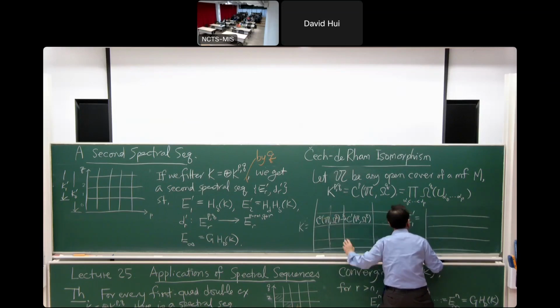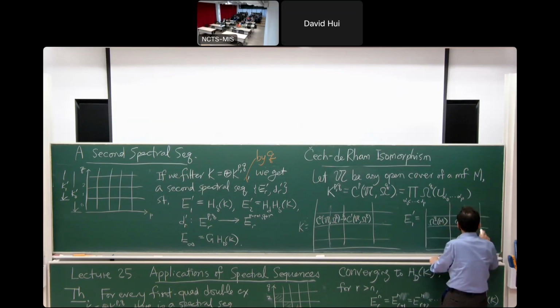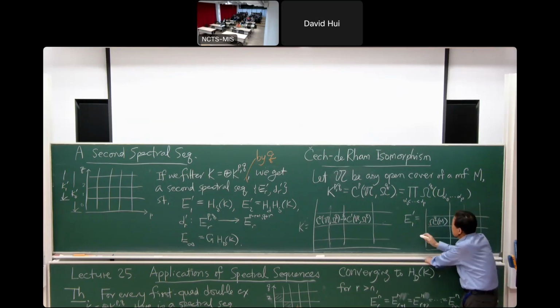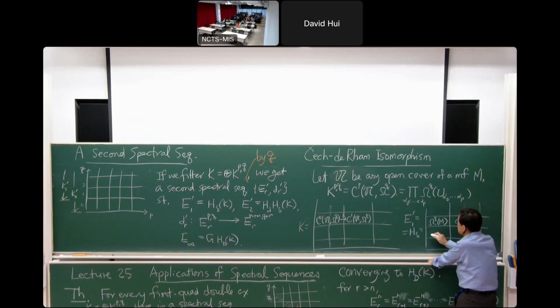Here you need the kernel of the difference map, and that kernel is the global forms. Because it's exact everywhere else, you have 0. So E1 prime is equal to H_δ, which gives you the global forms.